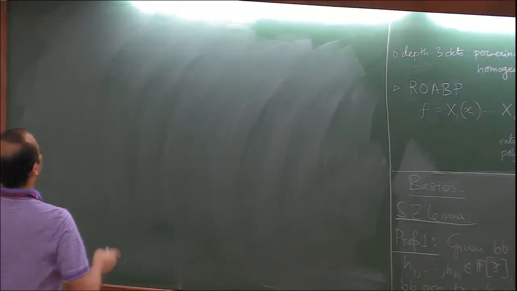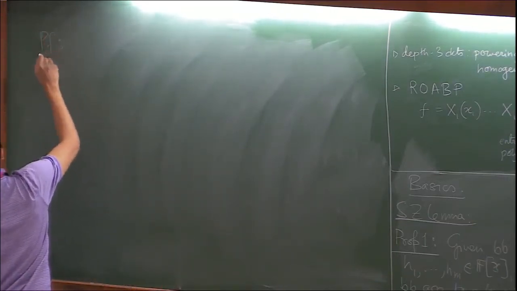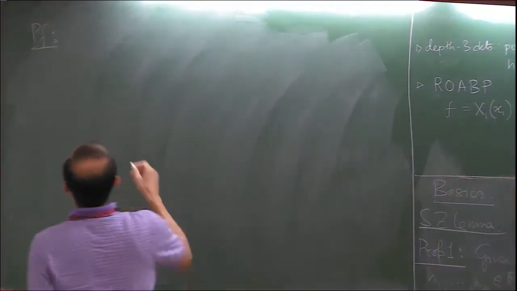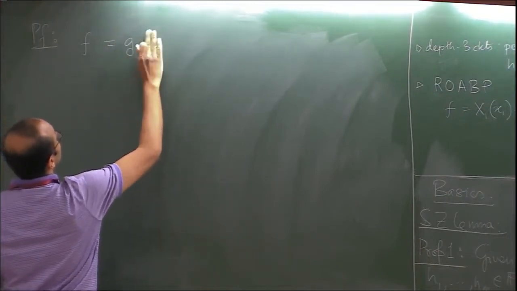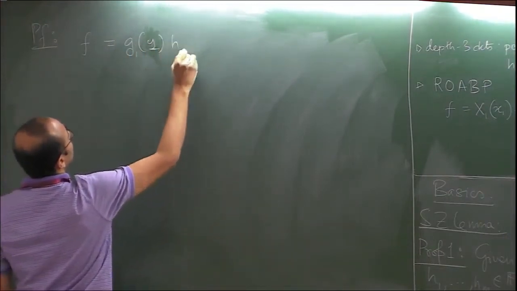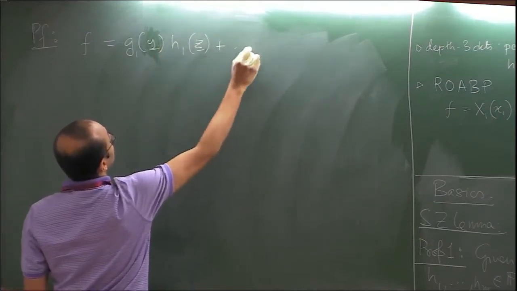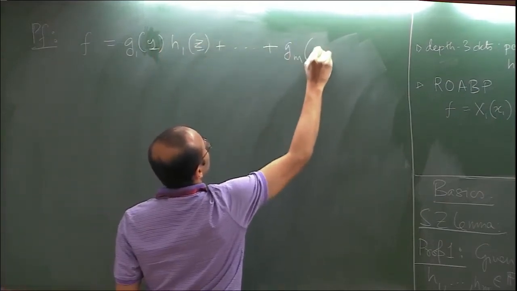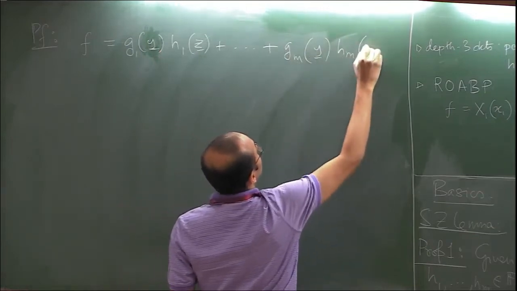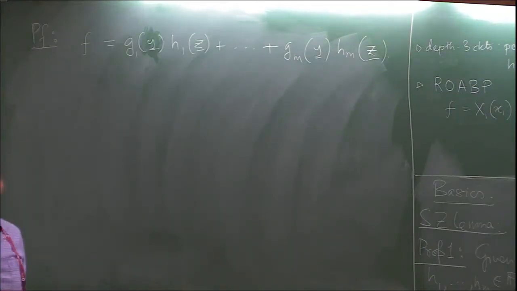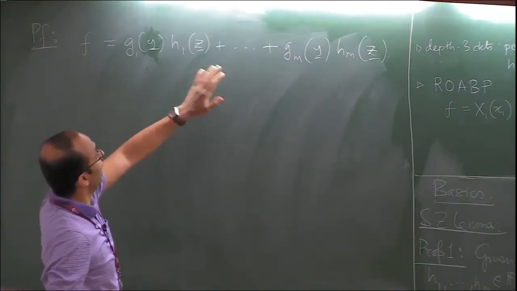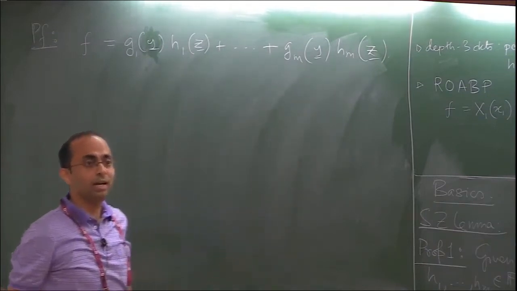Okay, so here's a quick proof of that. Let me call it proposition A. I'll also have a part B to it. Now, any polynomial f which has these two sets of variables, you can write it as a sum of g_i times h_i in the different sets of variables. The point here is that without loss of generality, we can assume that g_1 through g_m and independently h_1 through h_m are linearly independent.